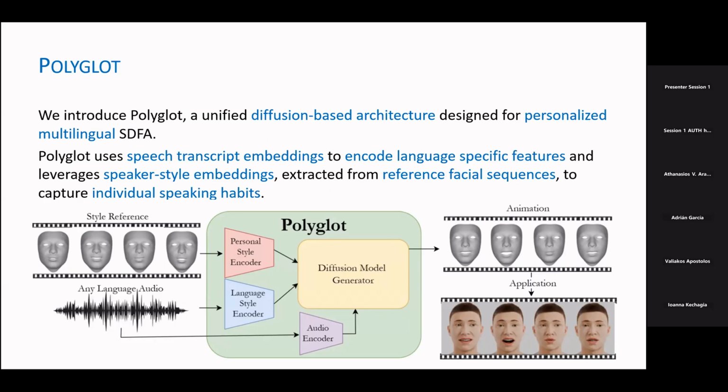The idea is to have a reference sequence for the style of each person, and again an audio track as input, and what we would like to obtain is speech animation, so the 3D face should be animated according to the style of the input person.